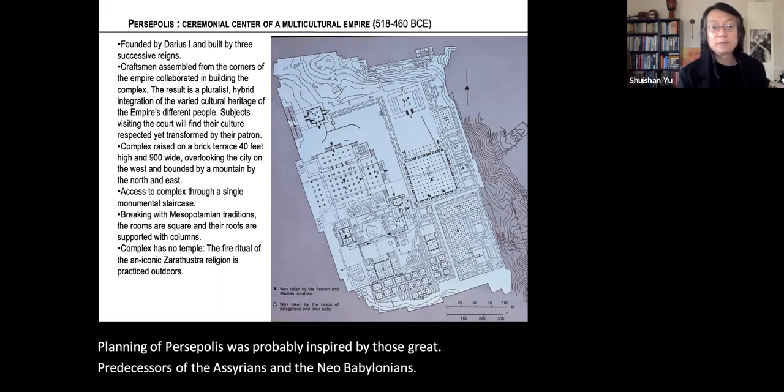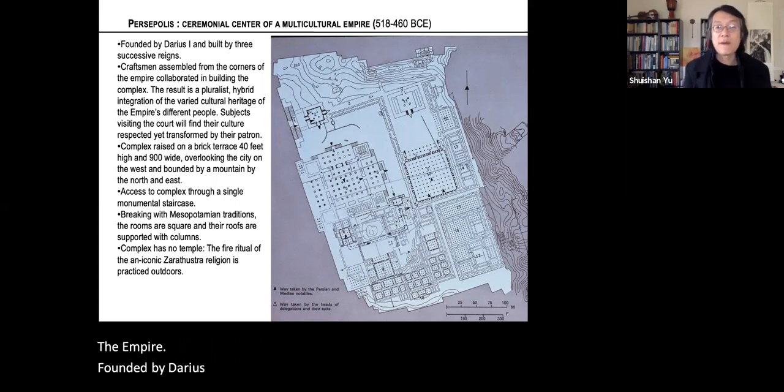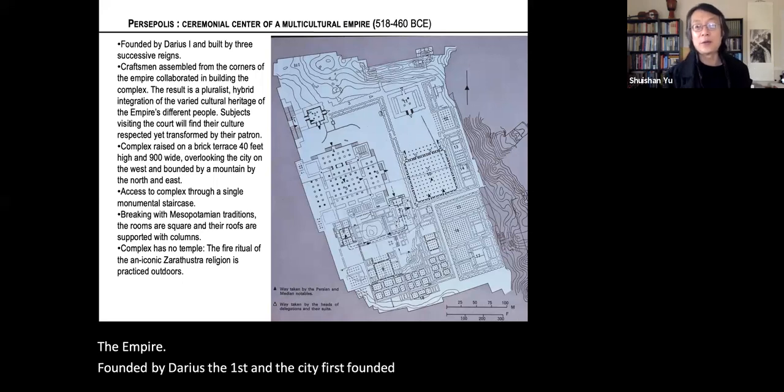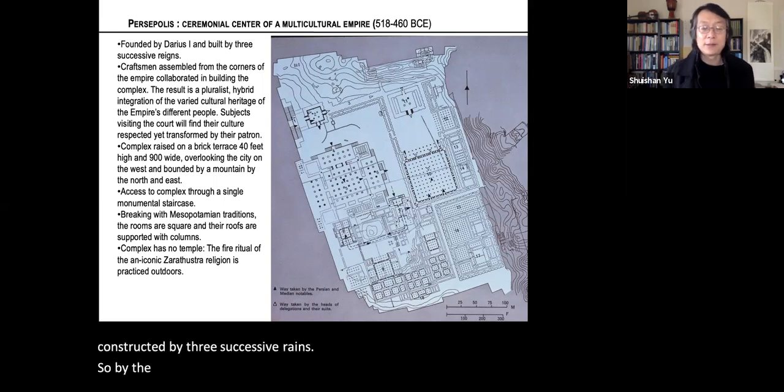The city was first founded by Darius I and constructed by 3 successive reigns.